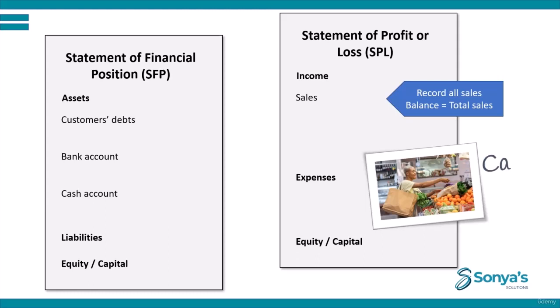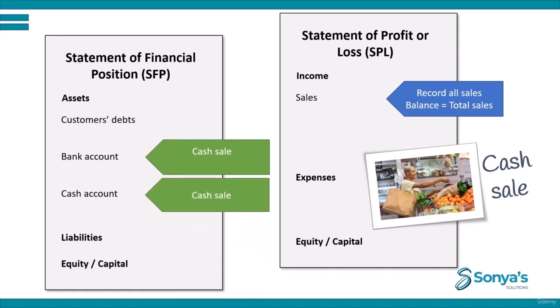We call this type of transaction a cash sale, even though they might pay using debit or credit card. The money that passes through the bank is recorded in the business's bank account. If the business keeps the cash it's received on the premises, it's recorded in a cash account.